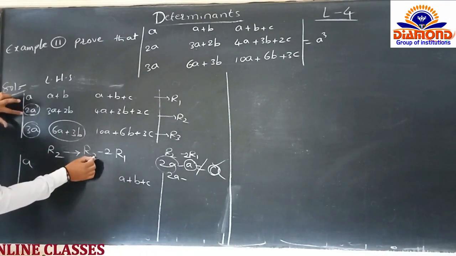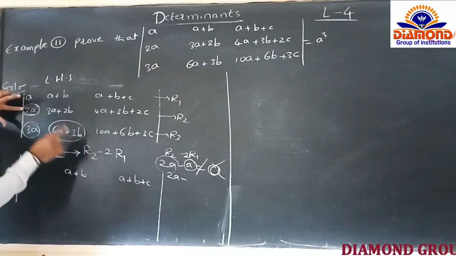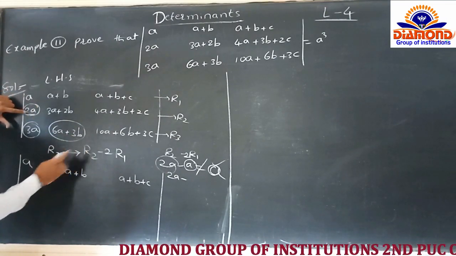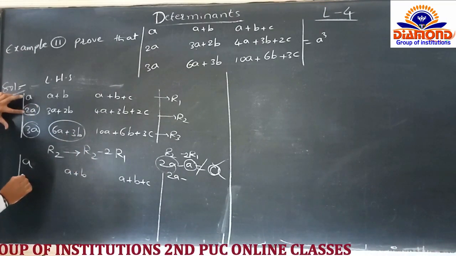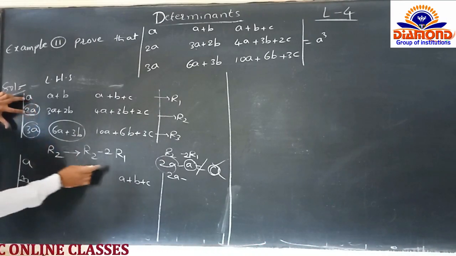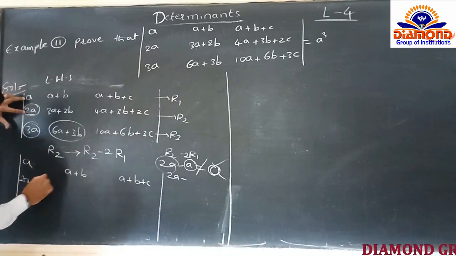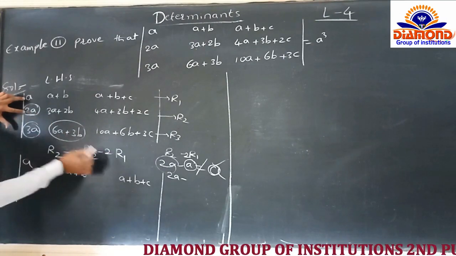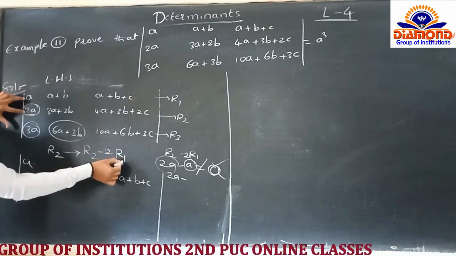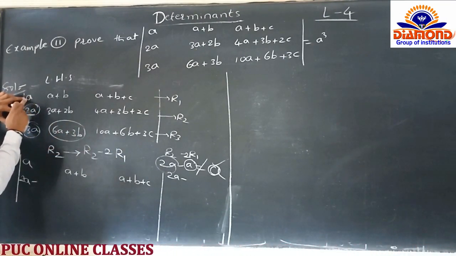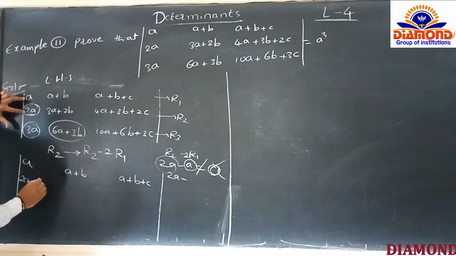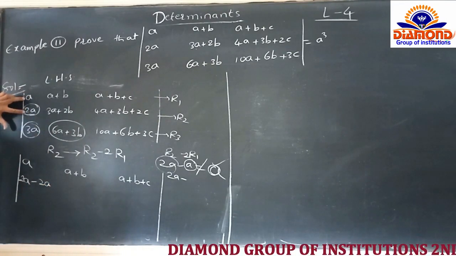Just observe how I am going to write. R2 is 2A, minus 2 into R1. We multiply R1's A with 2. Completed this one.